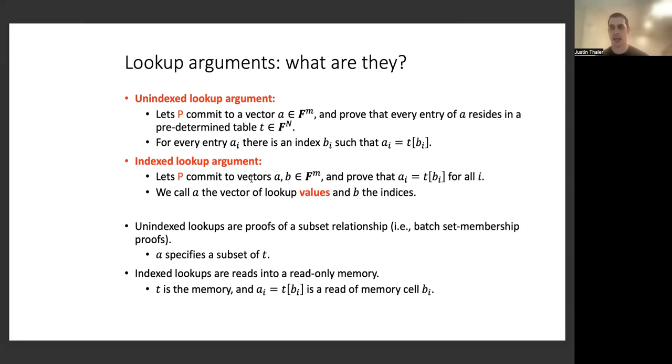There are generic transformations, which I think you're asking about, from unindexed lookup arguments to indexed ones. You take a random linear combination of the indices and the table entries, that's a new table, and you apply the unindexed lookup argument to that new table.